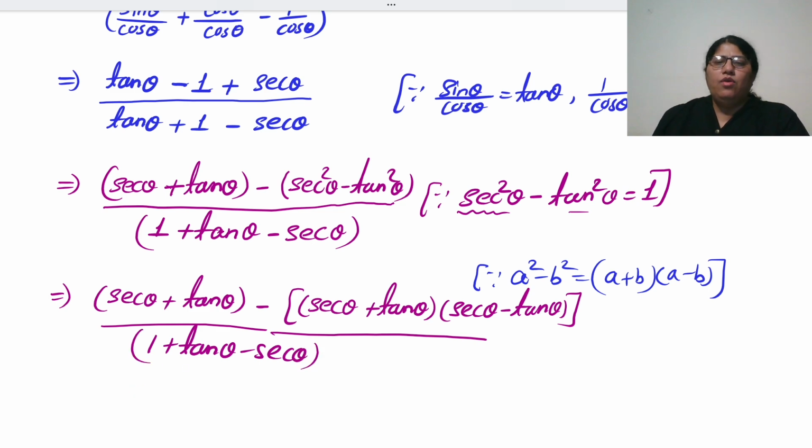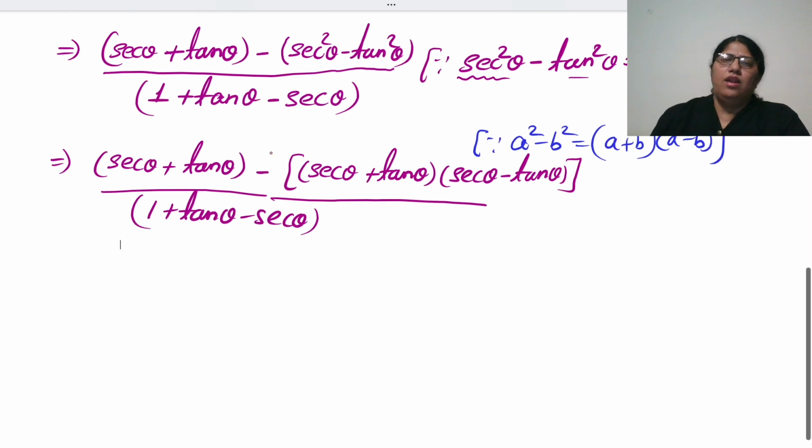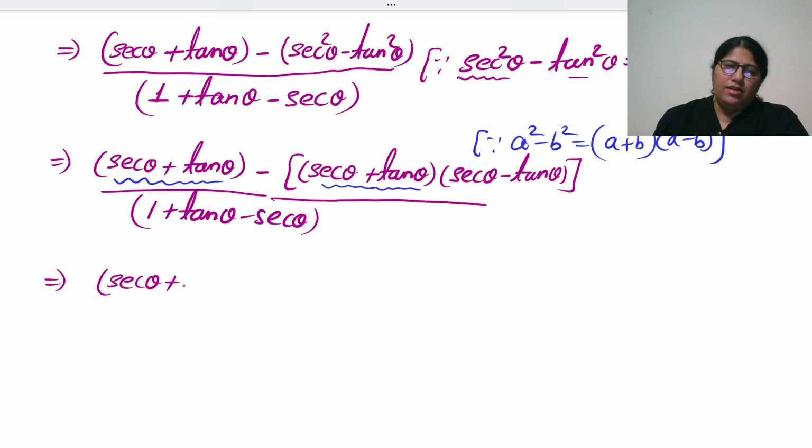Correct? Now how are we going to proceed? I still have the numerator. Do you see sec theta plus tan theta, sec theta plus tan theta are there in both terms? So let us take those two binomial values outside, doing the factorization.